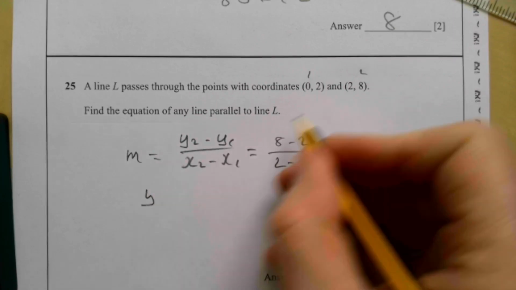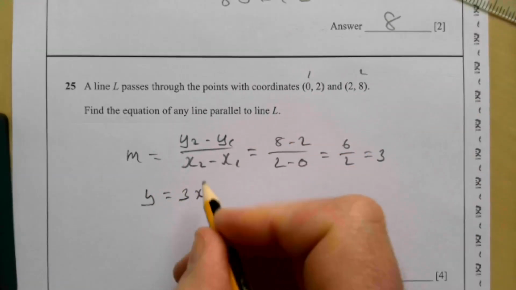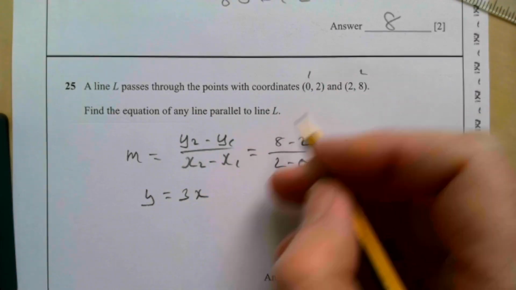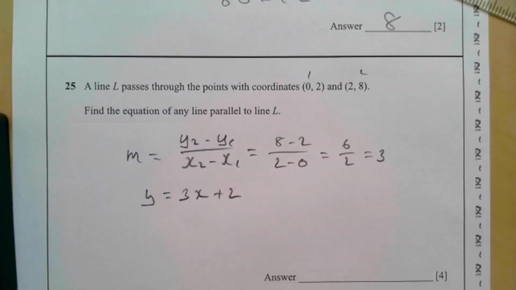So the equation is y equals 3x, and because the point (0, 2) is the y-intercept, it's y equals 3x plus 2.